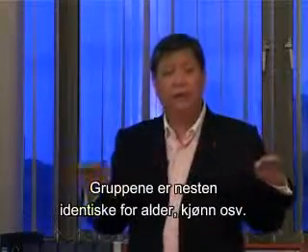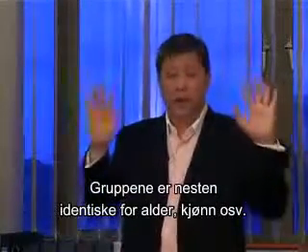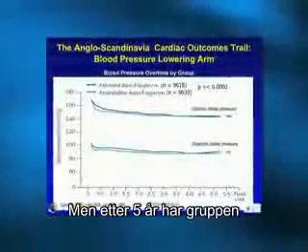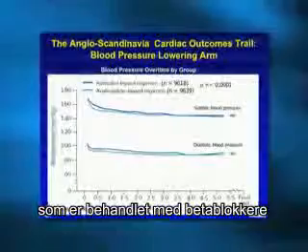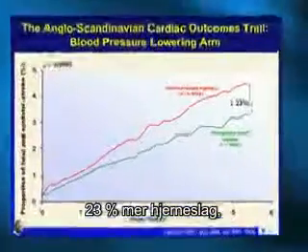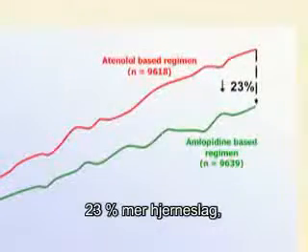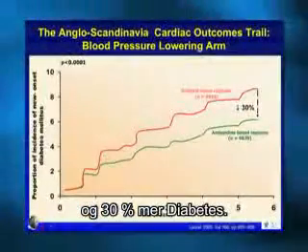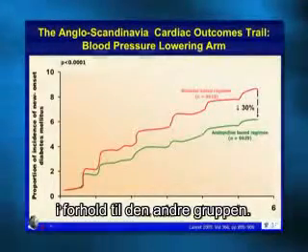They are almost identical, matched for age, sex, and everything else. But at the end of 5 years, the group treated with a certain drug called beta blockers has 23% more stroke and 30% more diabetics as compared to the second group.